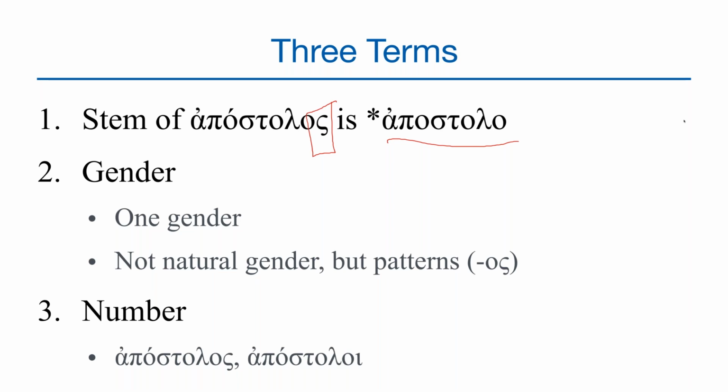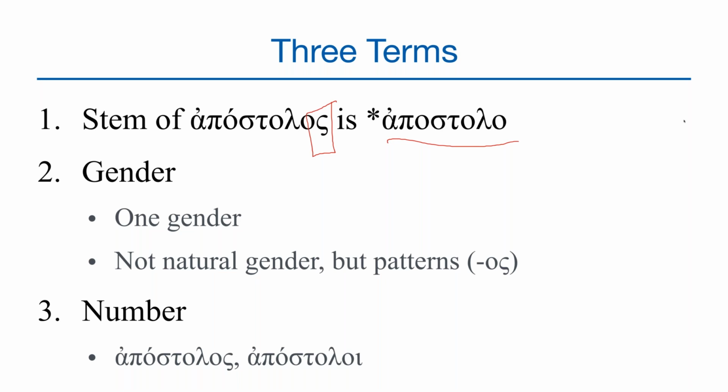So in this particular one, every word can only have one gender. Even things that aren't necessarily, a good example I used last week was ecclesia. Ecclesia is always feminine, even though in English the word church is neuter, or I guess it could be feminine depending on who you talk to. It is always the same.